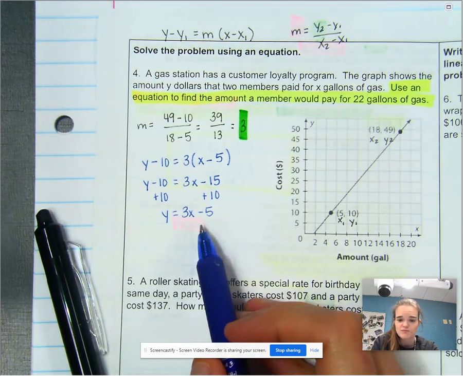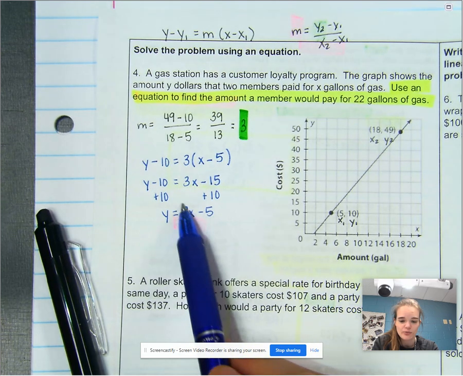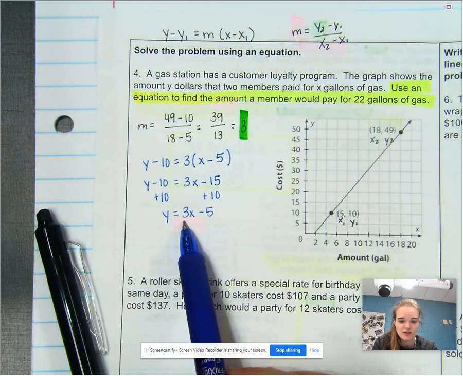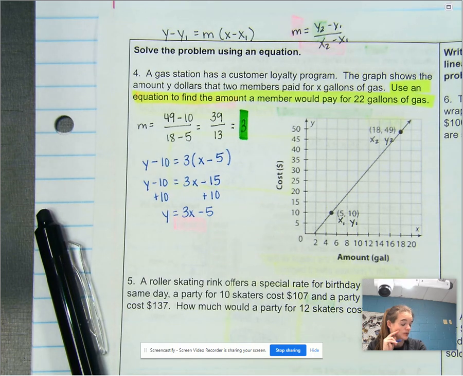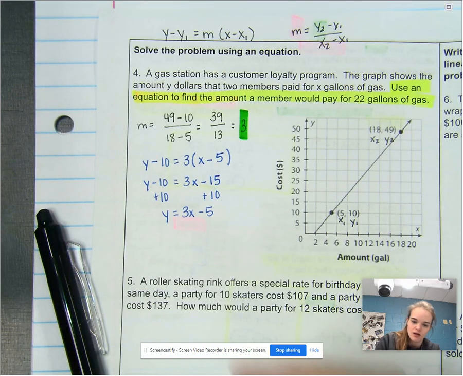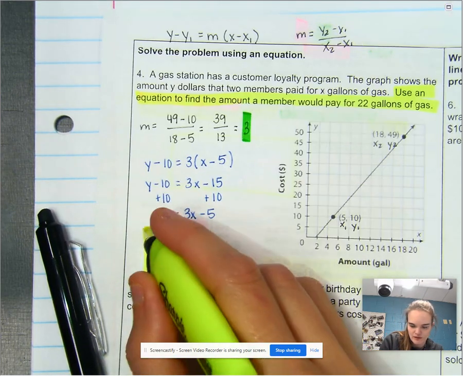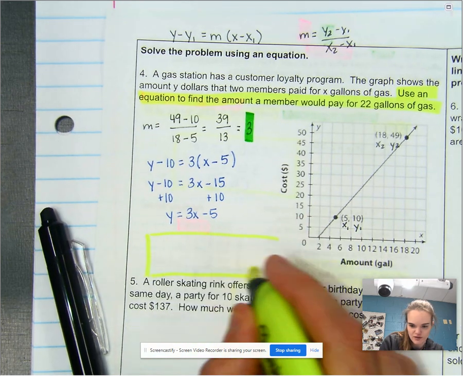This equation means that a member is paying $3 per gallon of gas, and then you get to take off $5. Now, that might sound outrageous, but back when this book was written, gas was a little bit more expensive than it is right now. Thankfully, gas is a little cheaper than that now.